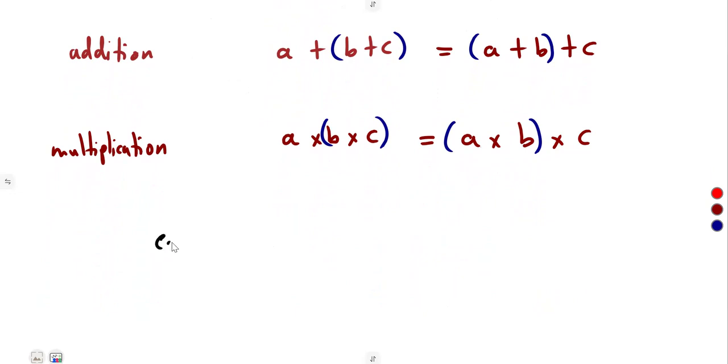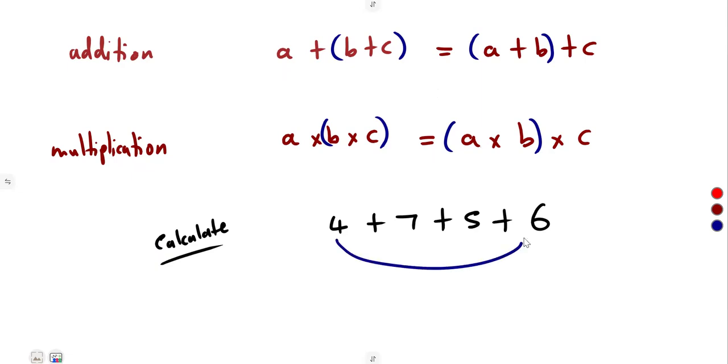For an example, calculate without using a calculator: 4 plus 7 plus 5 plus 6. Because you know that you do not have a calculator, it will be easier to choose. As you are working with the numbers, there are some that you can say, all right, 4 and 6.